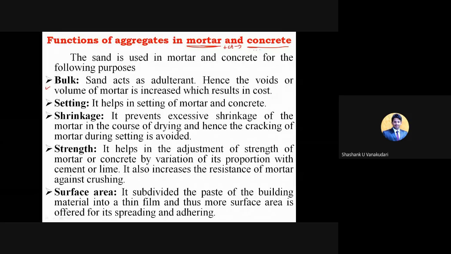First, bulk. Sand acts as the adulterant. Adulterant in the sense that the role of this sand might seem less for general purposes, right? The major thing you see is only the coarse aggregate as well as the cement, but the usage of this sand is also most important since it is going to give additional strength to the concrete by providing proper bonding between the other ingredients, and it is going to reduce the voids and even the volume of mortar, which is increased by taking the medium proportions of these ingredients, that is 1 is to 2 is to 4, right?